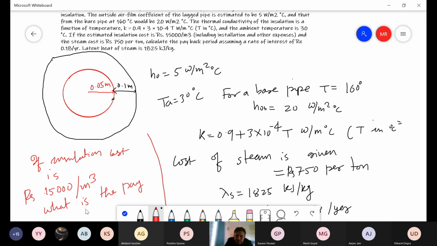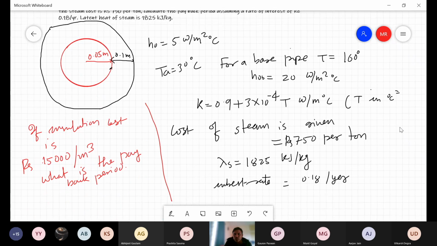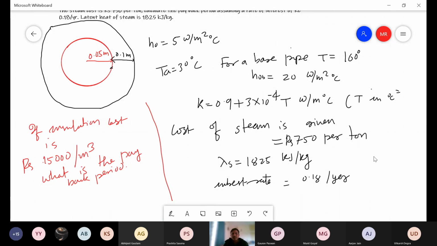What is the payback period? Is it clear to everyone what we are trying to say? Hello, is the problem clear?